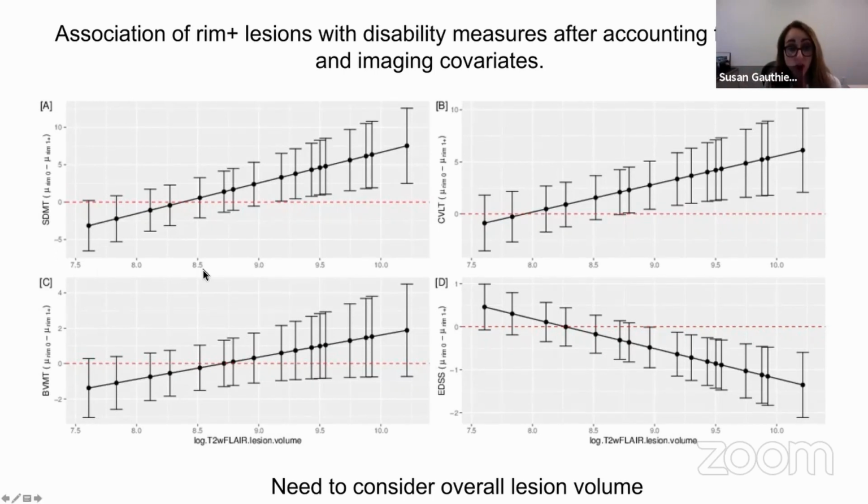Importantly, there is a strong association of lesion volume with the outcome, as well as having a rim. Therefore, we need to consider total lesion volume in this analysis. As a patient's lesion burden in general increases, having just one rim positive lesion really causes this separation in these cognitive scores as well as on disability.